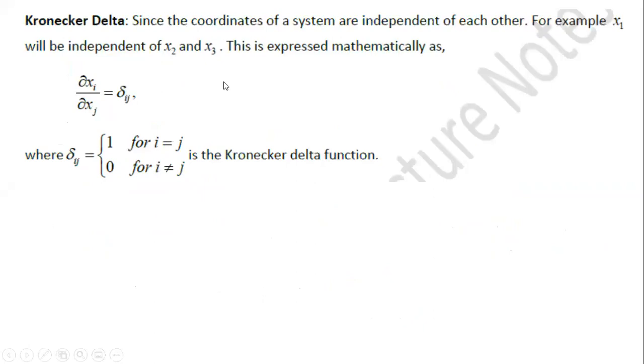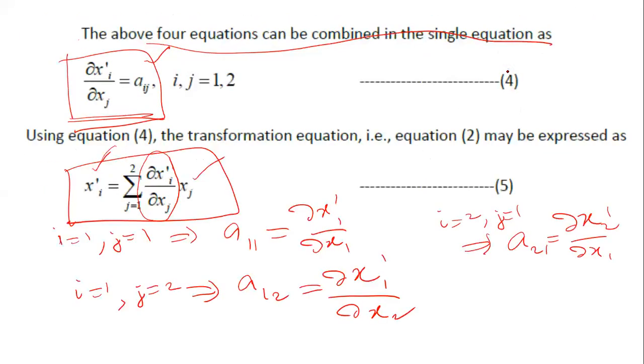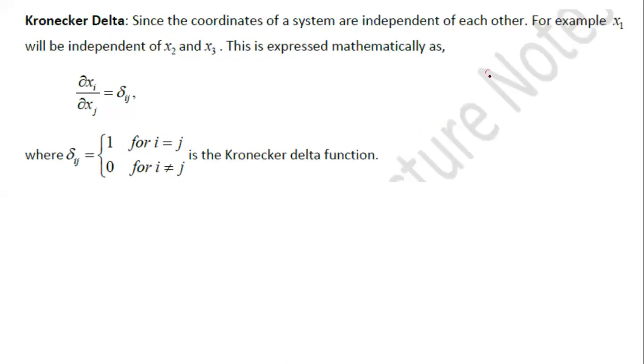Now let us move forward to what is defined as the Kronecker delta. We know that in tensor notation, in tensor algebra, instead of x we will write x1, instead of y we will write x2, instead of z we will write x3.